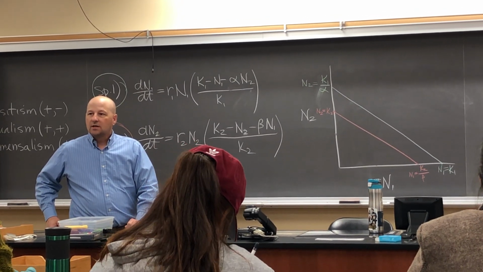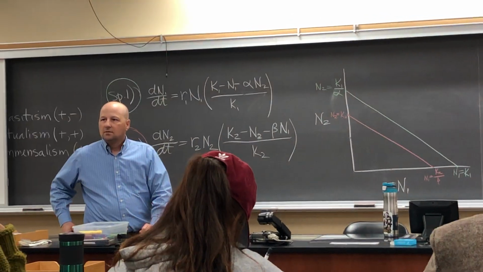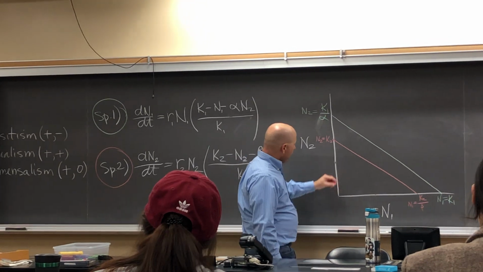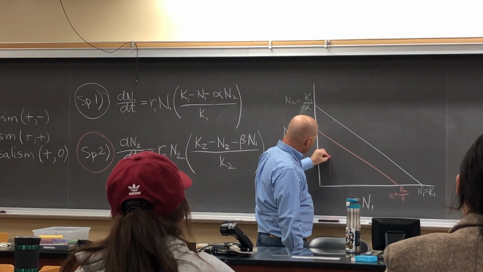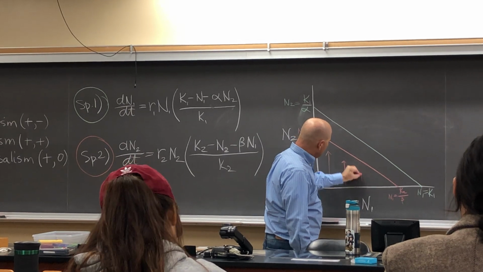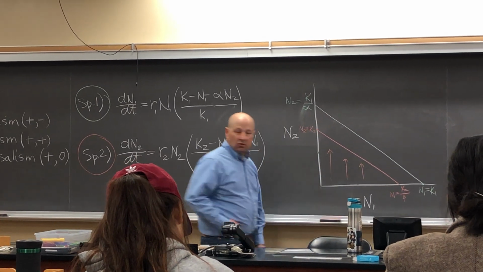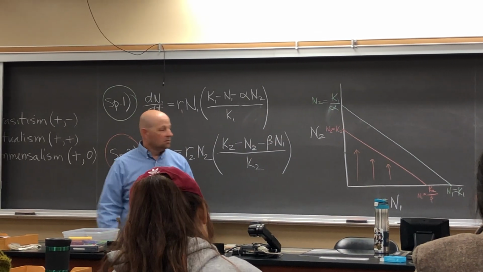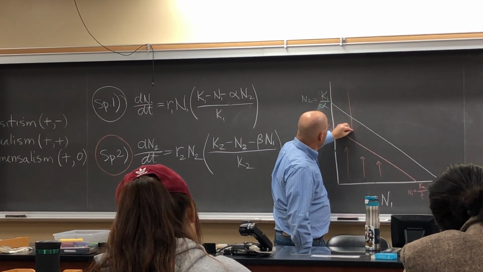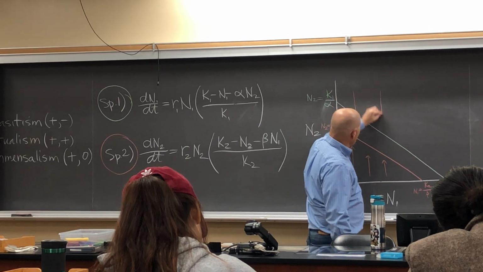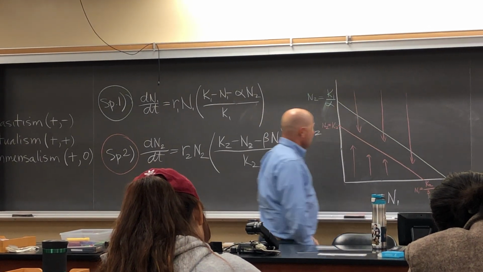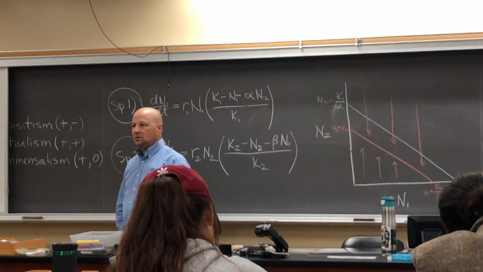What's the red line represent? Species 2, so this axis. Anywhere below this red line, there's still carrying capacity left for population 2 to grow. If we're above the red line, then there is no carrying capacity left. They're beyond their carrying capacity, and population 2 would decline.